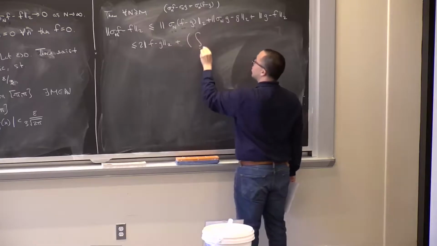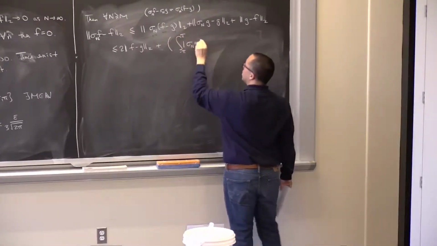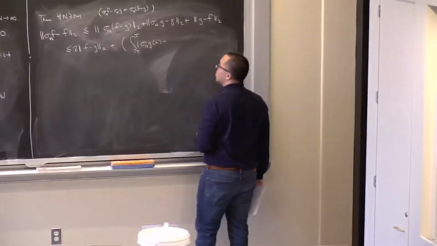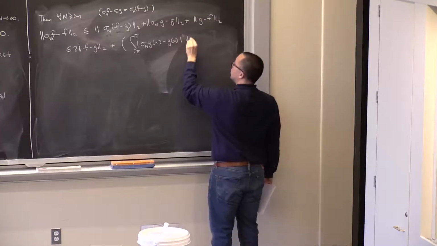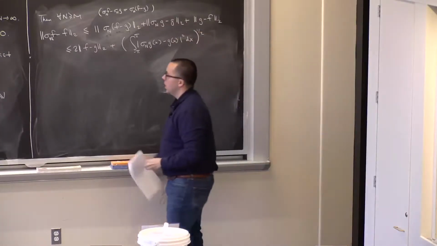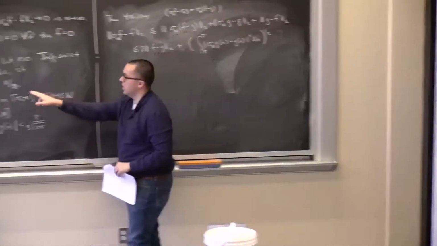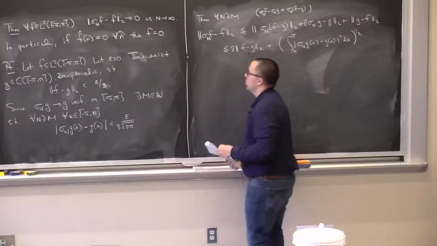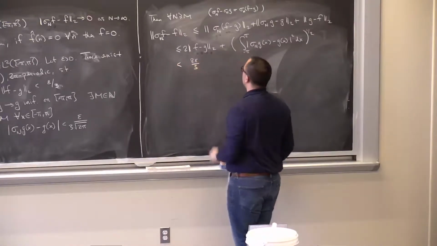and I'll actually write out what this is, the integral of sigma n G of x minus G of x squared dx, to the 1/2. Okay? Now, f minus G is less than epsilon over 3 in L2 norm, so this is less than twice epsilon over 3.